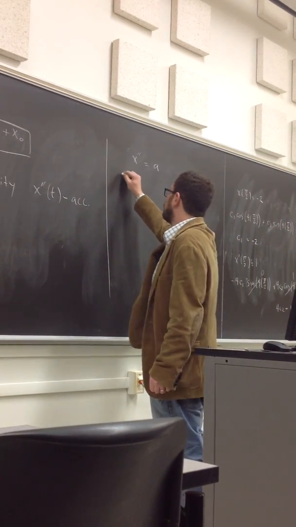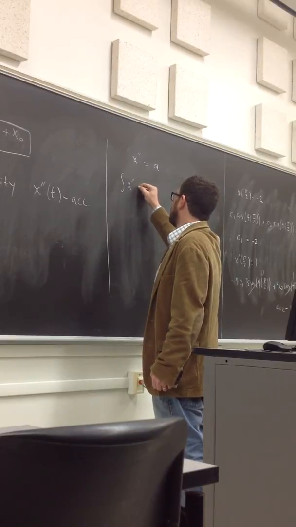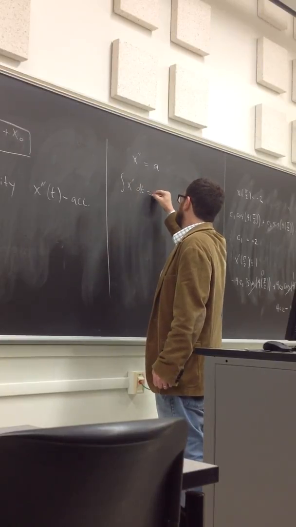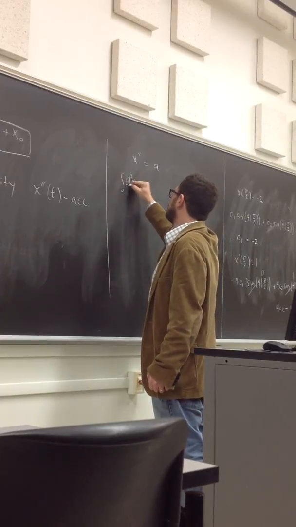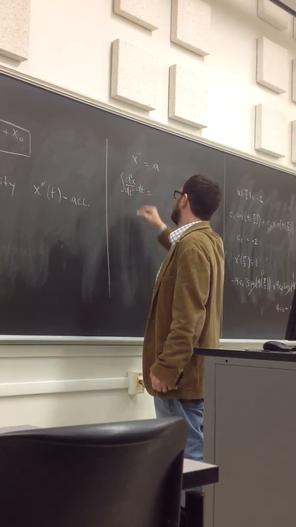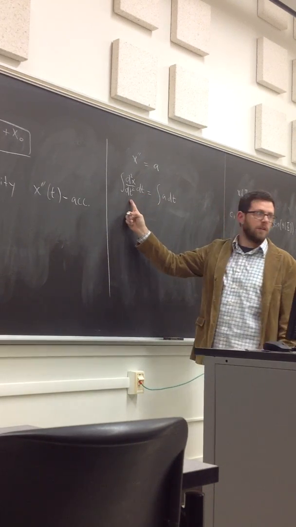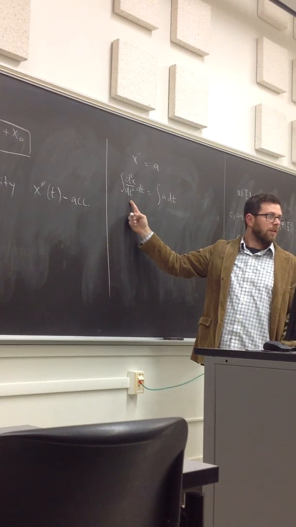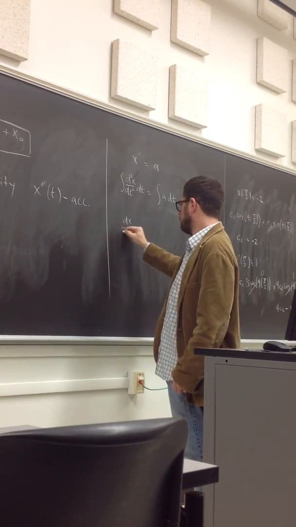So the integral of x double prime dt. Let me write it this way: d2x dt squared is equal to the integral of a dt. Okay, what is this? This is x prime, right? So let me write it as dx dt.